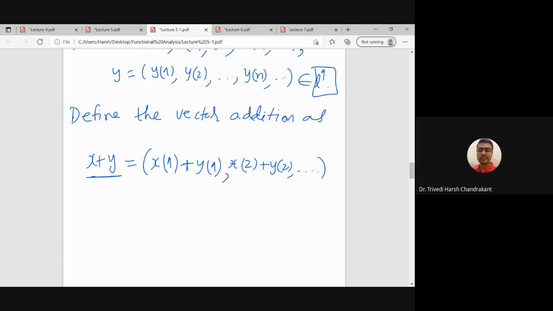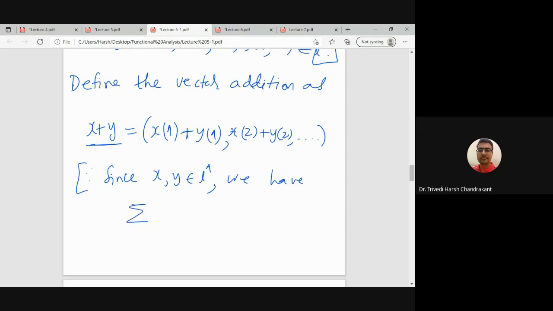So we are defining it this way, but we should check that x plus y should also be in L1, right? So that we can do because, since x and y are in L1, x and y are both absolutely convergent series.